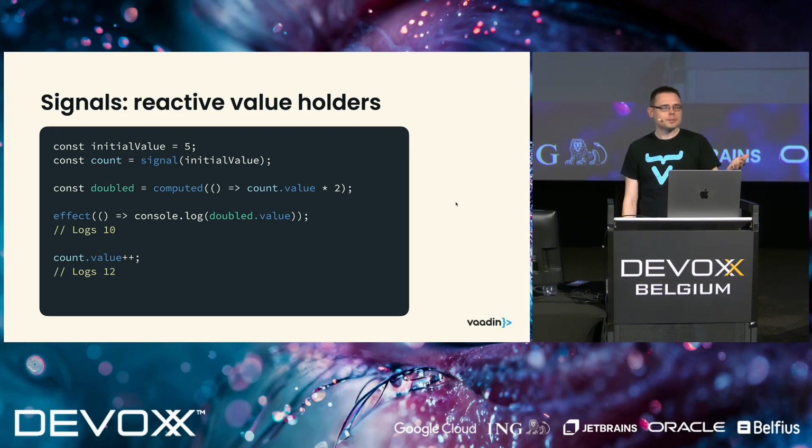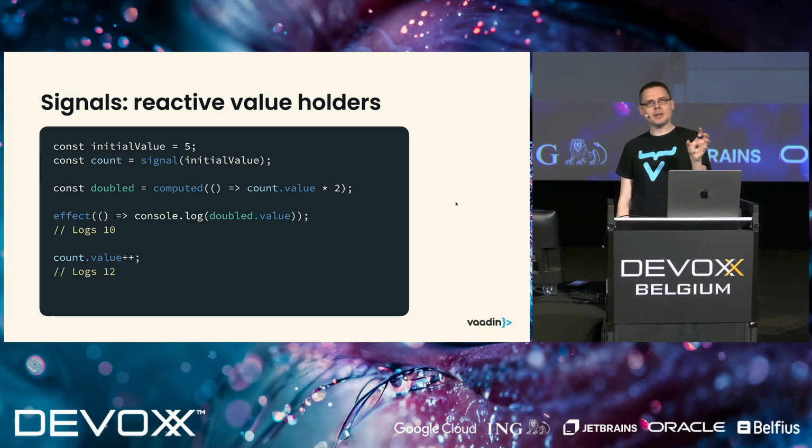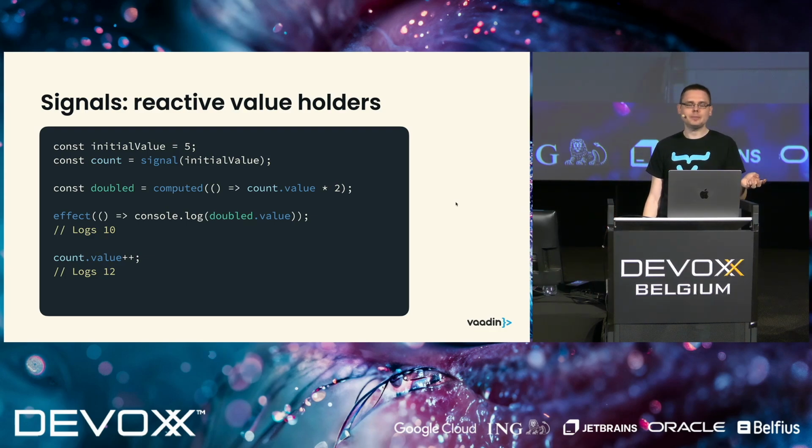The way it works is that when you create that effect, it runs that callback, and at the same time it detects which signals are read while running this callback. So in that way, the effect gets registered a dependency on the doubled signal. And the double signal is lazily evaluated, so that callback is only run when the effect is run.